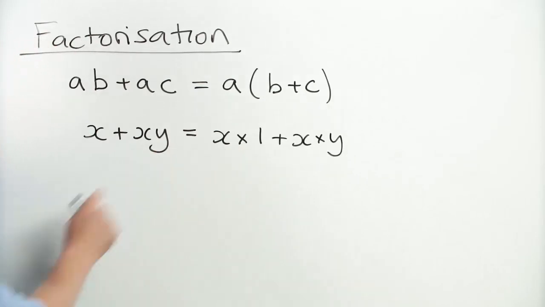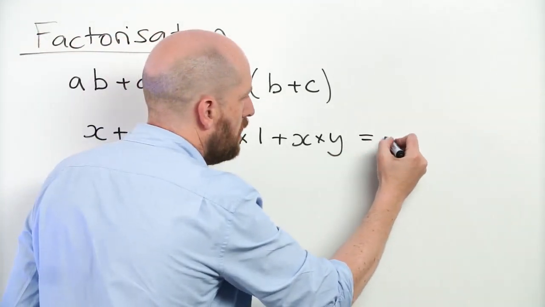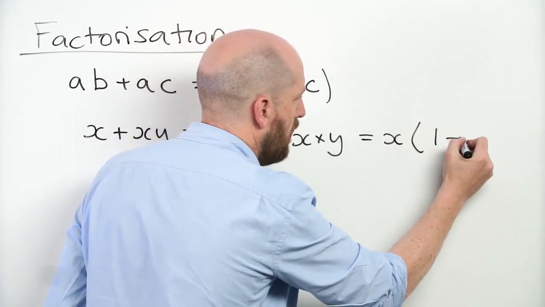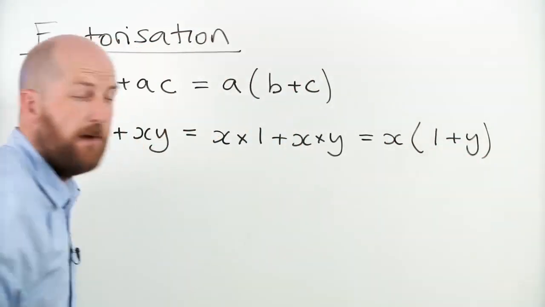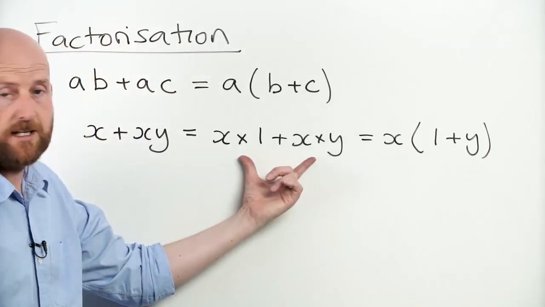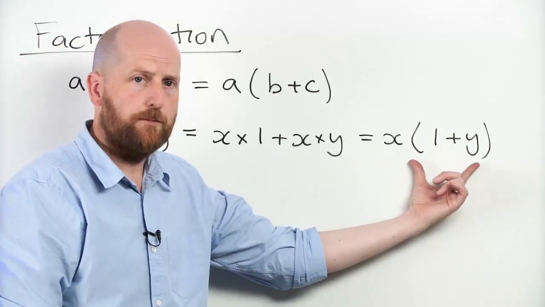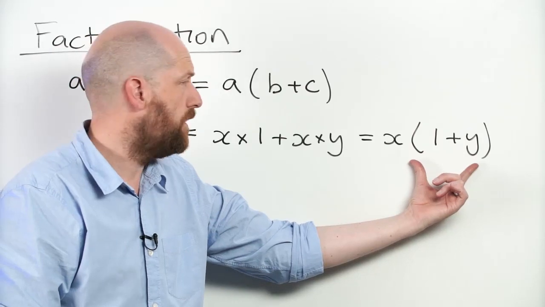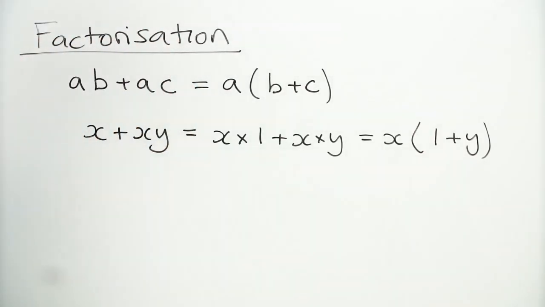So x is a factor of both of those expressions, and so using the distributive law, we can write that as x times 1 plus y. Imagine this in reverse. I could have got to this expression by expanding out the bracket x times 1 plus y.